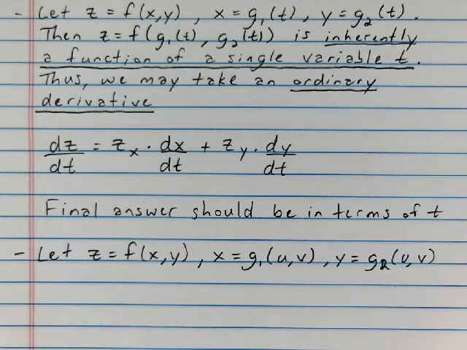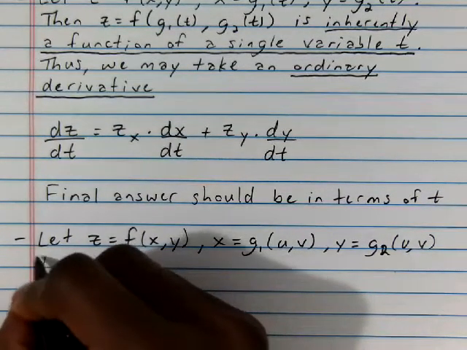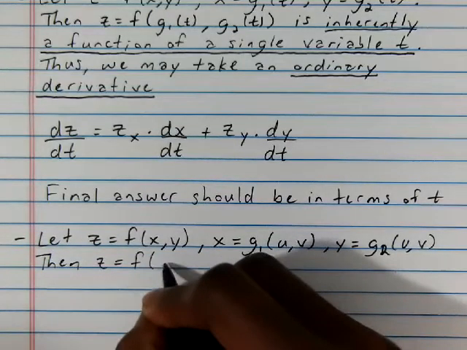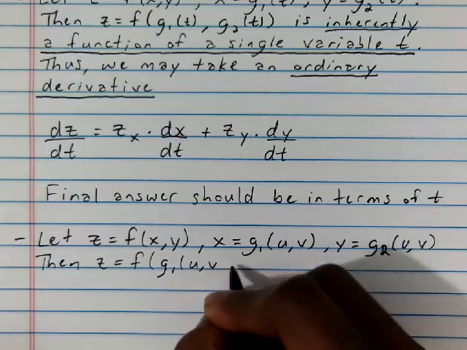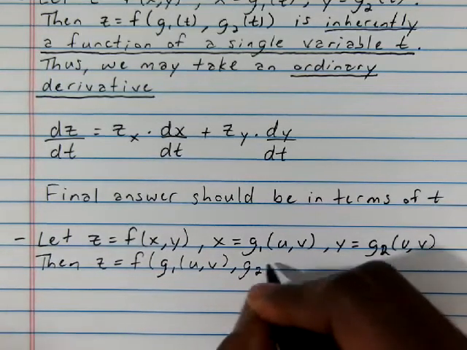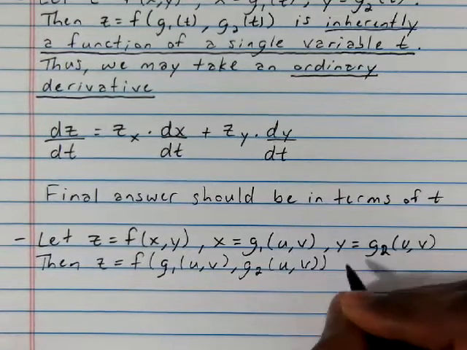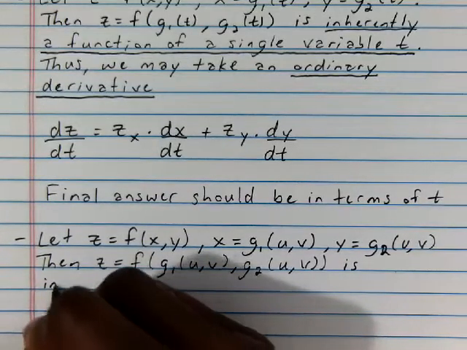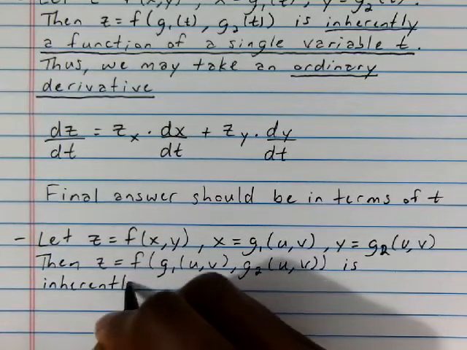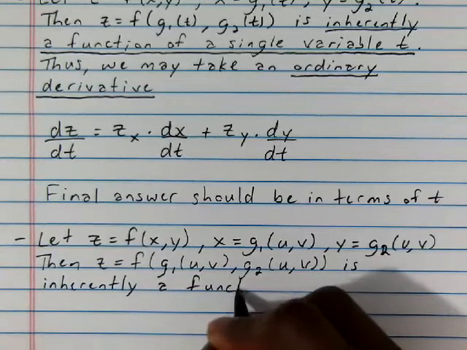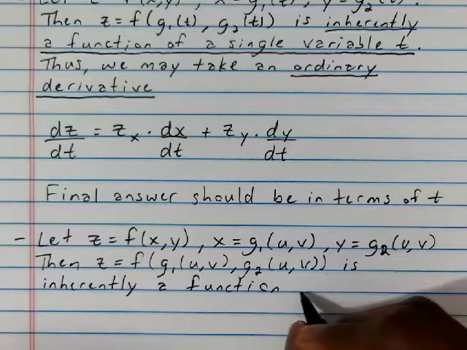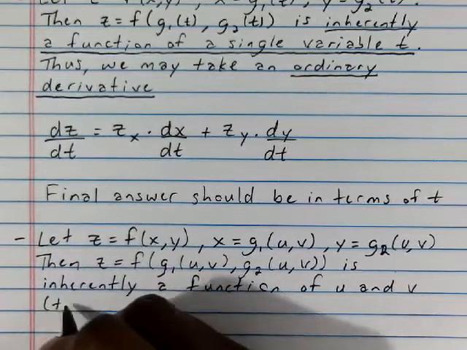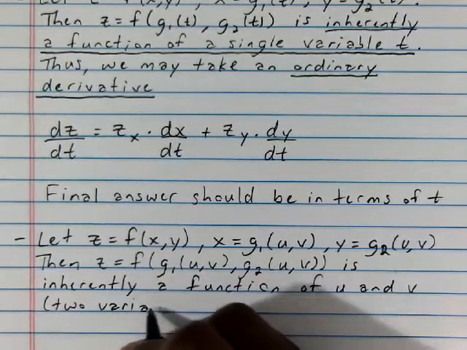So now in this scenario, z equals f of g1 of u comma v, comma, g2 of u comma v, is inherently a function of u and v, two variables.